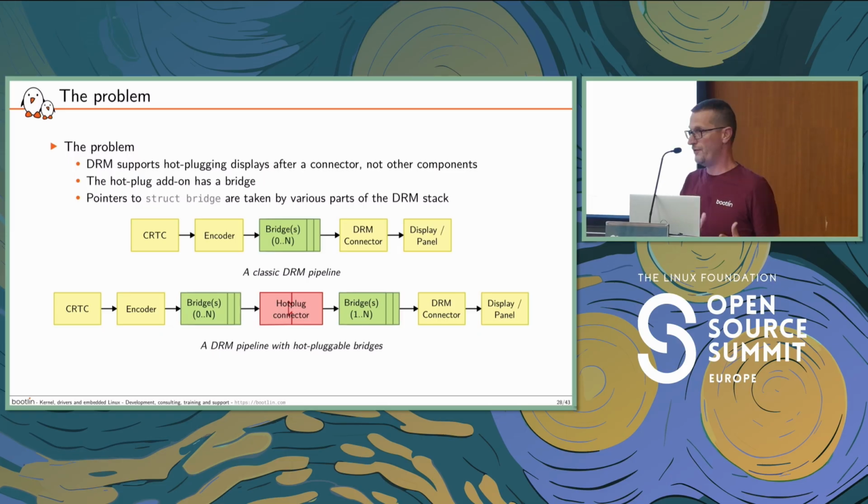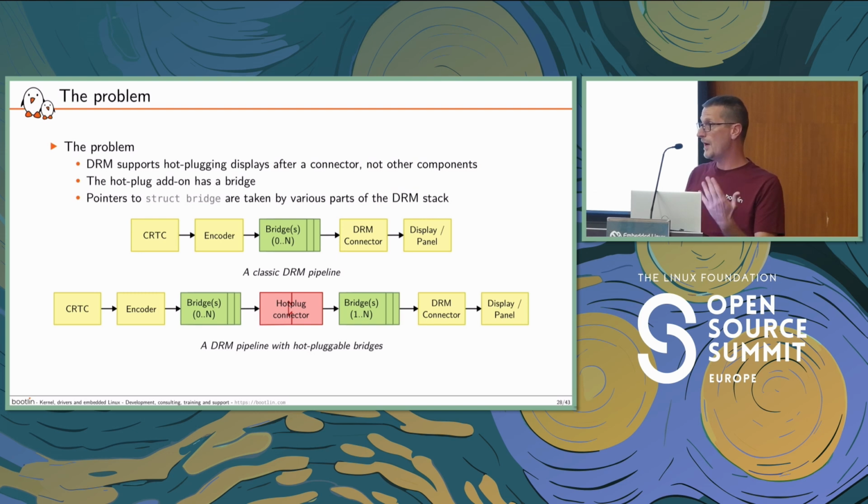That was fine so far, but multiple parts of the DRM stack take pointers to bridges and store them for a potentially long time. So if a bridge driver gets removed, the struct will be deallocated, and there could be a use after free. You still have a pointer to a bridge that has been deallocated. So use after free, of course, cannot be accepted.